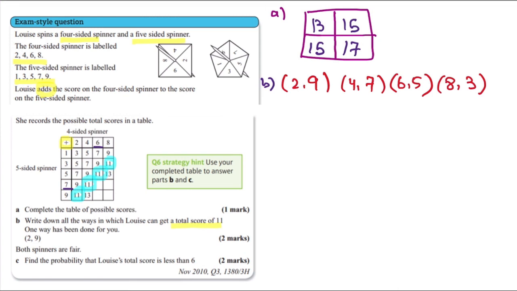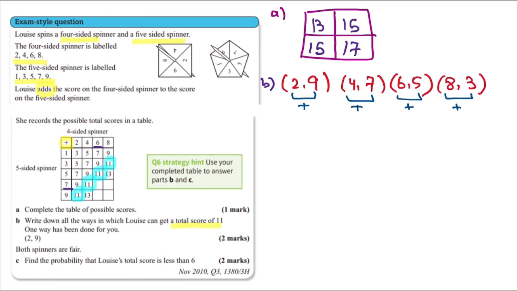These are all the possible outcomes, and all of them have a sum of 11. You can even check your answer by adding them together: 2 plus 9 is 11, 4 plus 7 is 11, 6 plus 5 is 11, and 8 plus 3 is 11 as well.